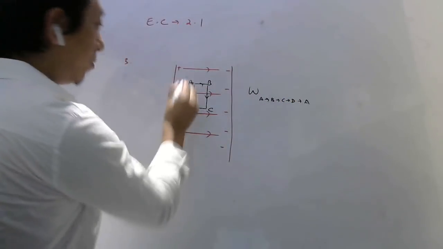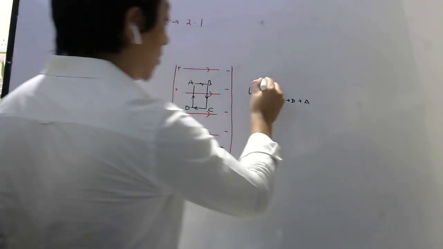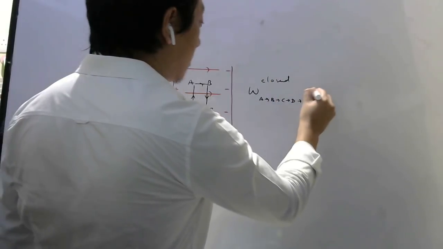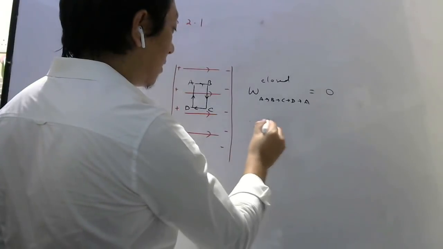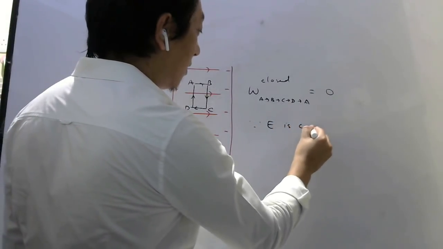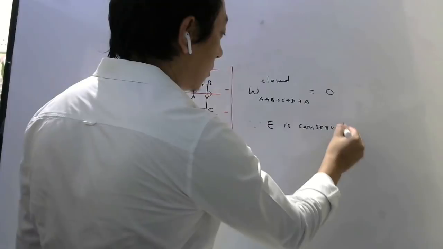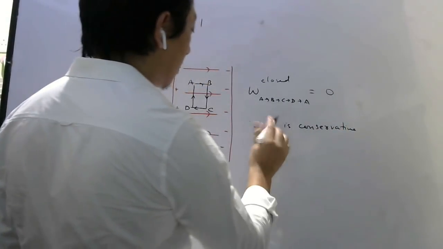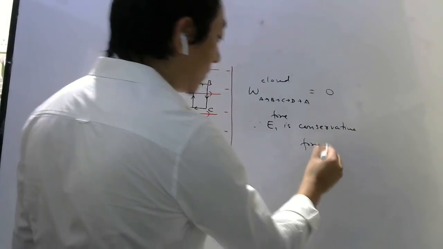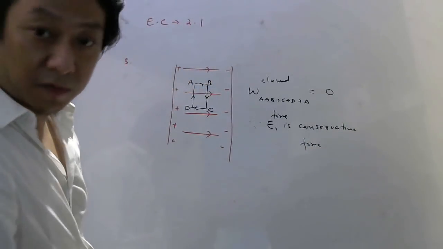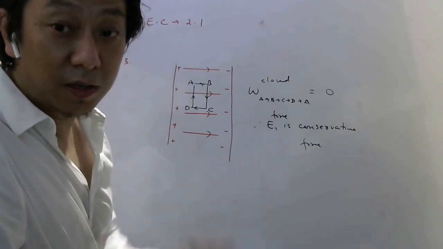You are coming back to A now, so it is a closed path. Since they are asking work done, it will be 0, since the electric field is a conservative field, or you can write electrostatic force is a conservative force. So since it is a conservative force, work done must be 0 in a closed path.